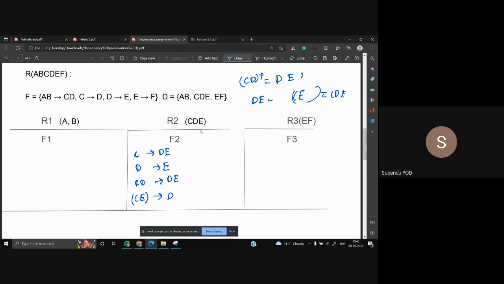Because CD is present. So up to this is clear. If more than two attributes are present, first you have to take single attributes, then combinations of two attributes, and if four attributes are present, then you have to take combinations of three attributes. You just proceed like this.